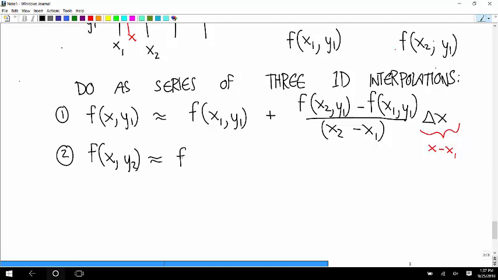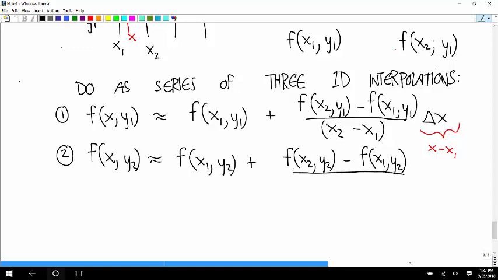So we have f of x1, y2 plus f of x2, y2 minus f of x1, y2, divided by x2 minus x1, times delta x. And delta x means the same thing it did there.